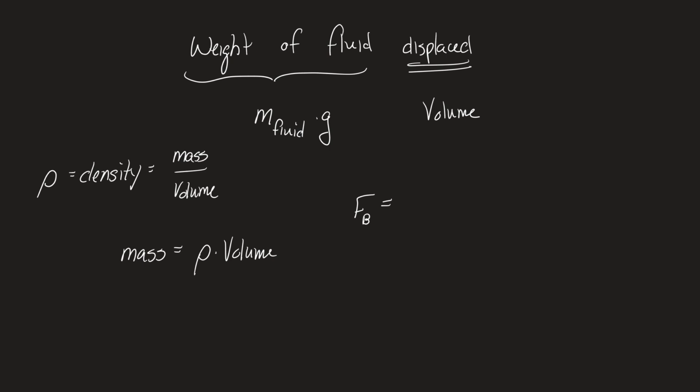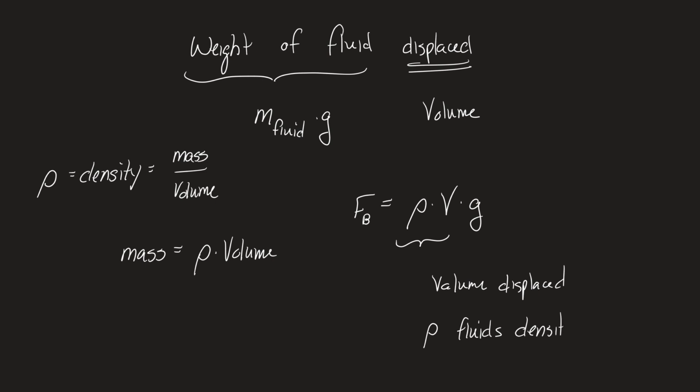That means the buoyant force will be rho times volume times g, where this is the volume displaced and rho is the fluid's, not the object's, density. Alrighty.